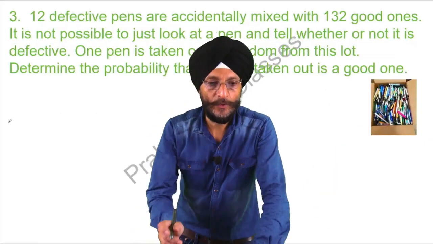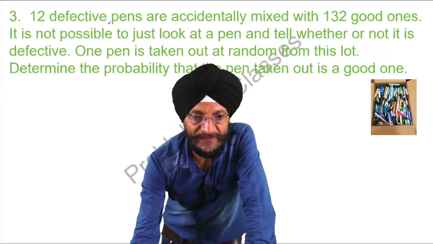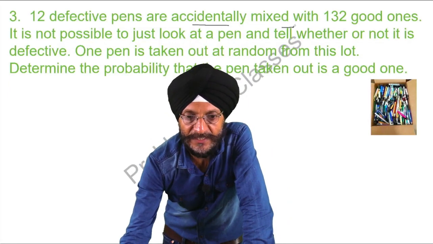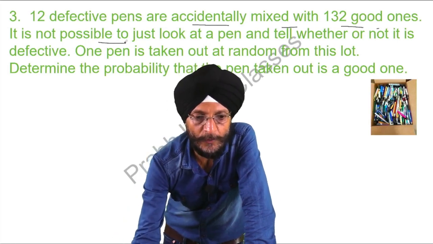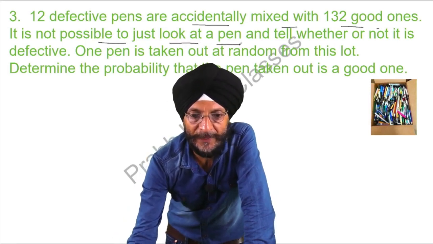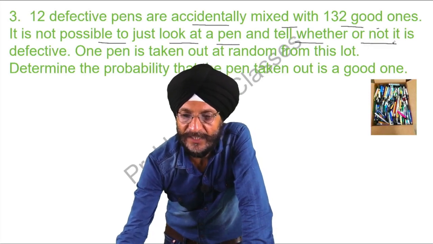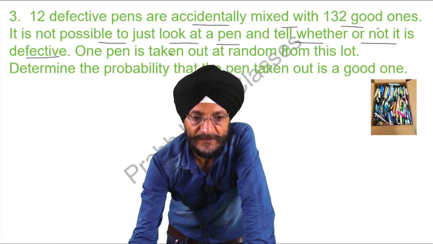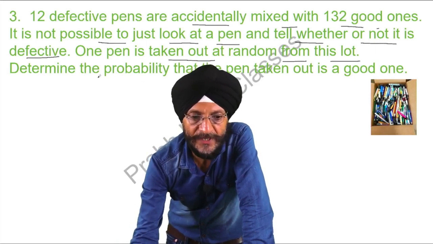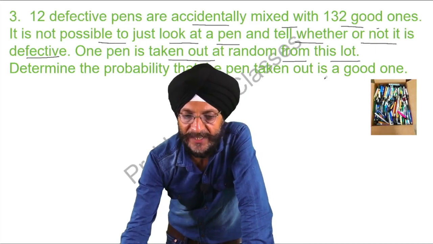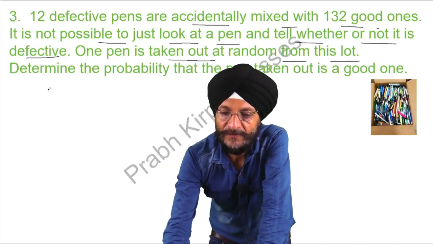Now the question before us is: 12 defective pens are accidentally mixed with 132 good pens. It is not possible to just look at a pen and tell whether or not it is defective. One pen is taken out at random from this lot. Determine the probability that the pen taken out is a good one. What is the question?